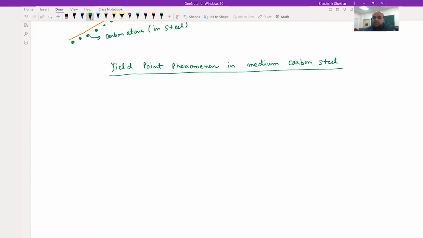Now, when Professor Shashank Sekhar was teaching you tensile testing, he must have shown you the plot of, say, polycrystalline pure aluminum.